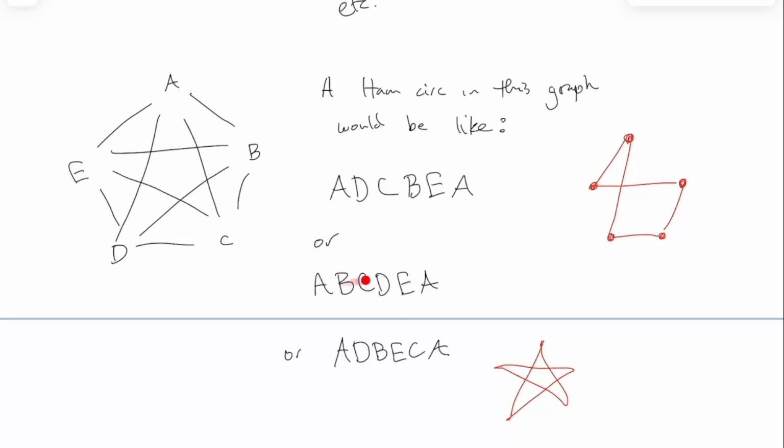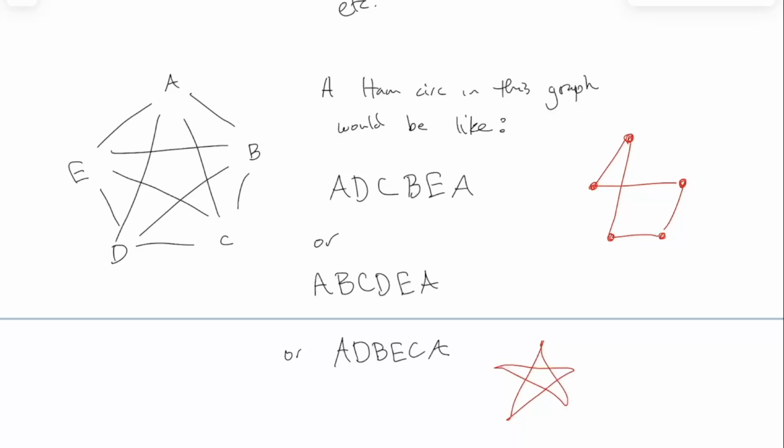You could just list out these vertices in any order you like, and it will automatically be a Hamilton circuit. You might be concerned about, like, is there actually going to be an edge between B and E? But the answer is yes, because this is a complete graph. It means every edge you would want to be in there is already in there.